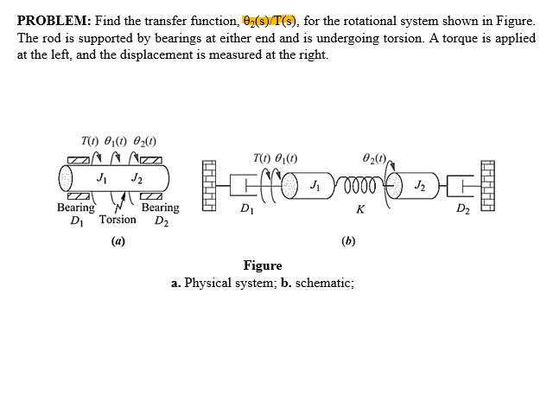This rotational mechanical system consists of a viscous damper with coefficient d1, inertia with coefficient j1, a spring with coefficient k, another inertia with coefficient j2, and a viscous damper d2.